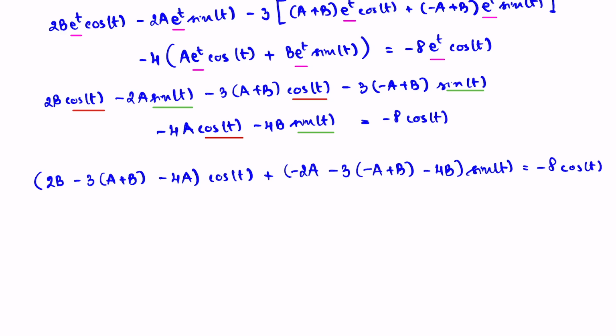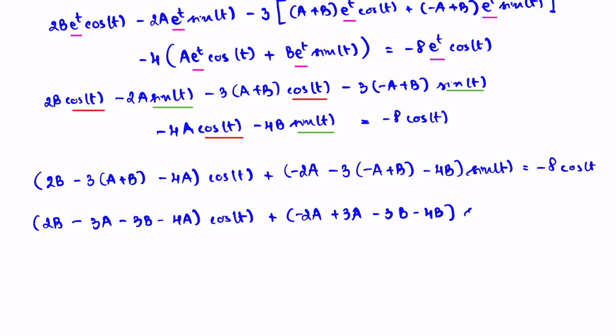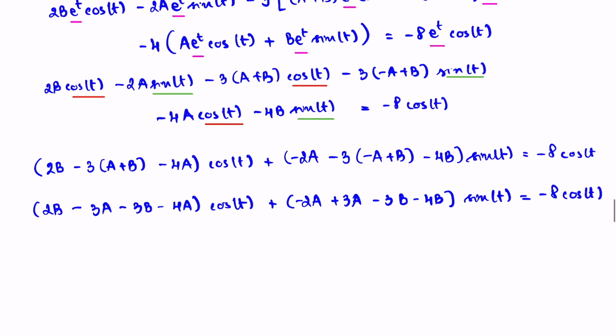That is, you distribute negative 3 into the parenthesis here, and negative 3 into the parenthesis here. So you have 2b minus 3a minus 3b minus 4a times cosine of t plus negative 2a plus 3a minus 3b minus 4b times sine of t equal to negative 8 times cosine of t.